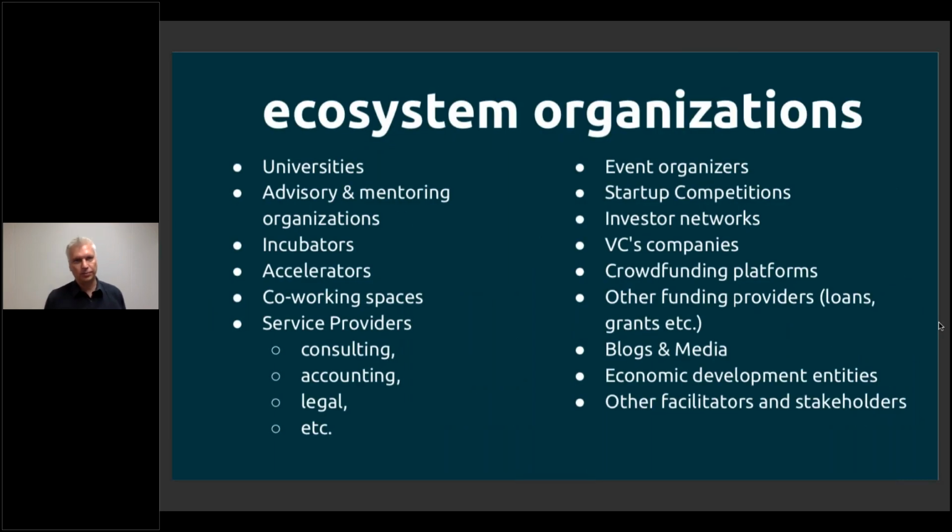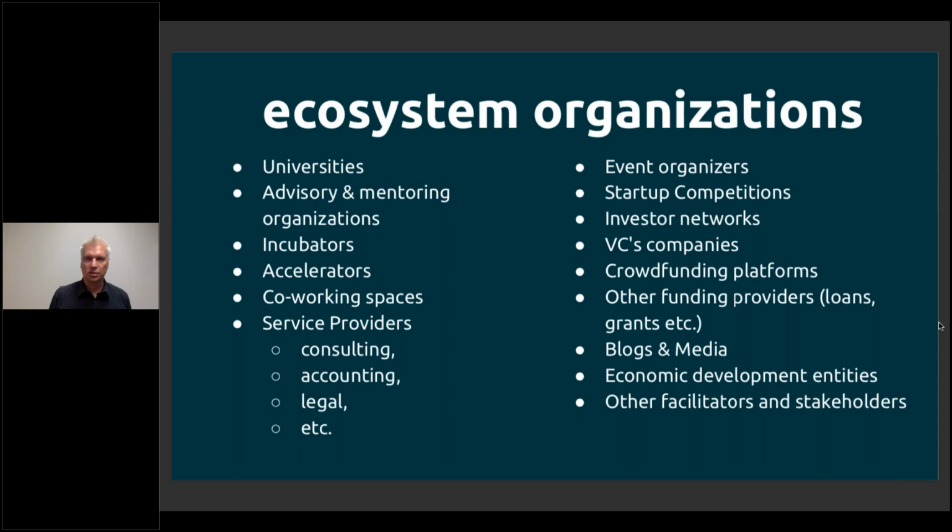The typical organizations in an ecosystem include universities, advisory and mentoring organizations, incubators, accelerators, co-working spaces, and service providers, typically in the form of private small companies: consulting, accounting, legal. Many of these organizations also provide events themselves, but then there are separately those who just provide events.